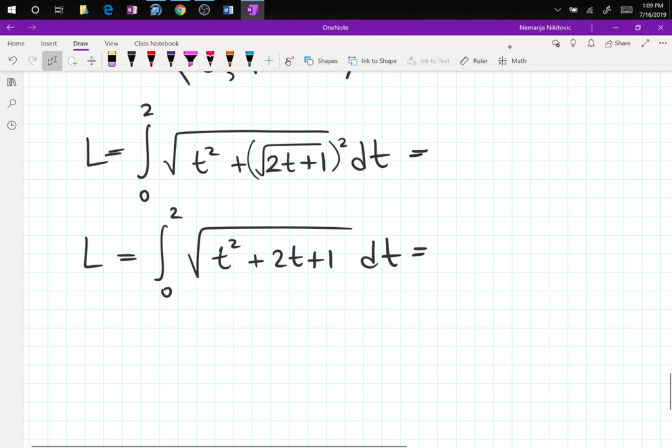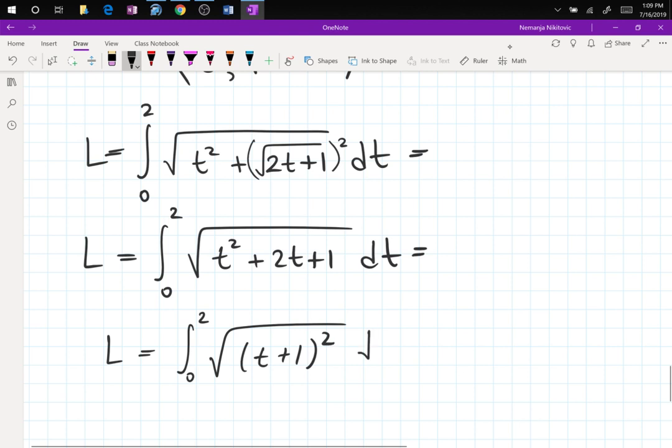Yes. We are going to factor this, which will actually give us the perfect square, and then that will kill the square root. So we go 0 to 2, and then this condenses into (t plus 1) squared dt. So that's the algebraic manipulation. So you have basic integrals that you have to massage with algebra, and then you have the u sub.